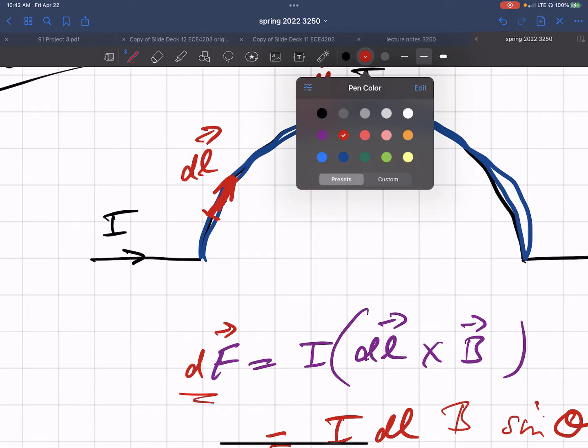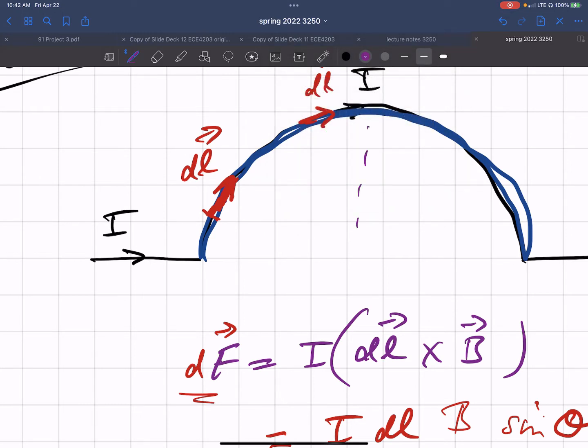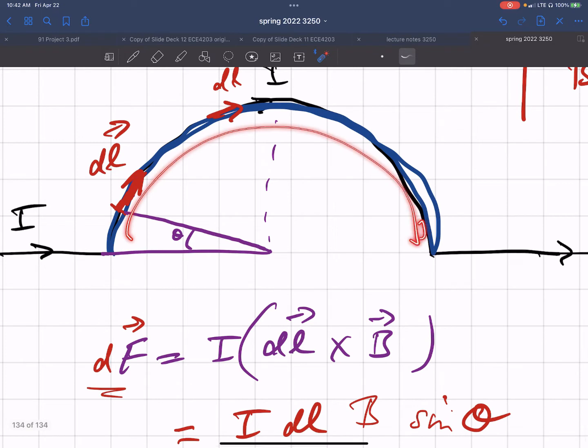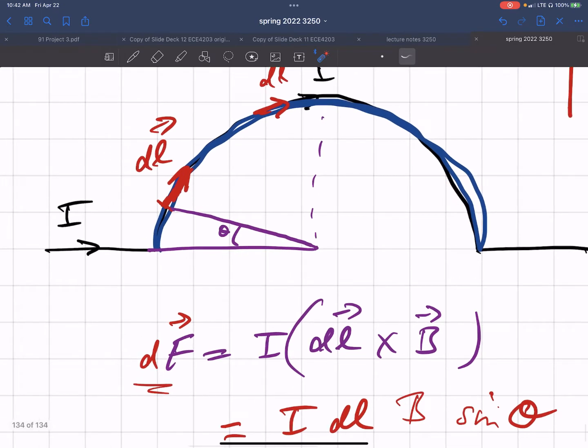From here to here there's this angle theta, and we're going to be trying to integrate this angle theta from 0 to pi. There's this angle theta here, but the theta I want is sort of that, right?